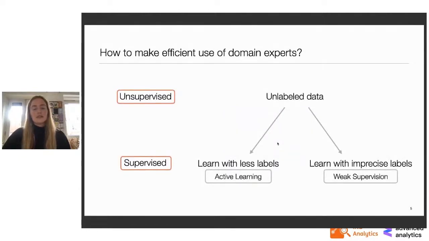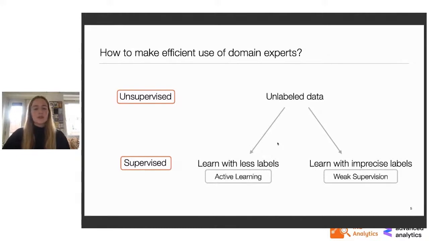So for this reason, it's really good to consider how to make the most efficient use of our domain experts, so that we can turn this unsupervised problem into a supervised problem. There are a few options. Active learning, like in the previous talk, where we try to determine which part of the data would be most useful to get labeled.